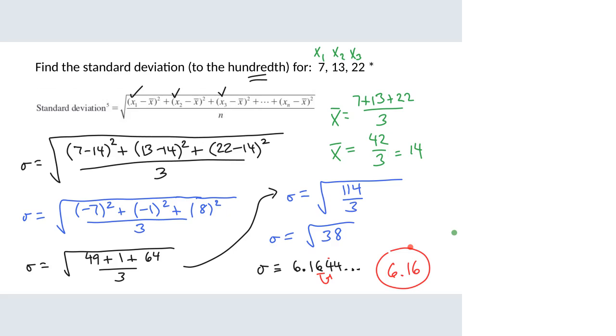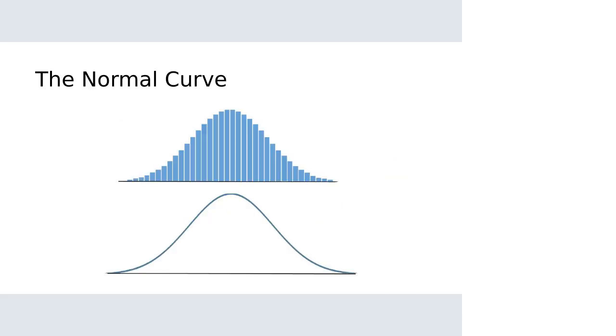Okay. All right. I said at the beginning, the big thing today is the normal curve. So let's talk about the normal curve. Back when we were doing different types of graphs, we looked at bar graphs, but we also looked at histograms, which were bar graphs where the bars were made with no space between them and they used continuous data.